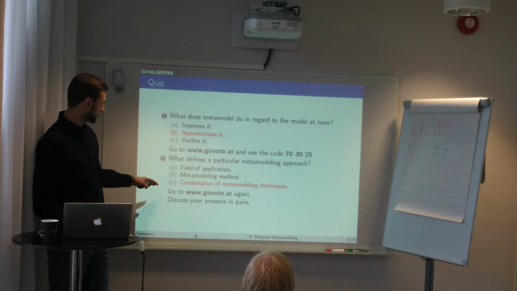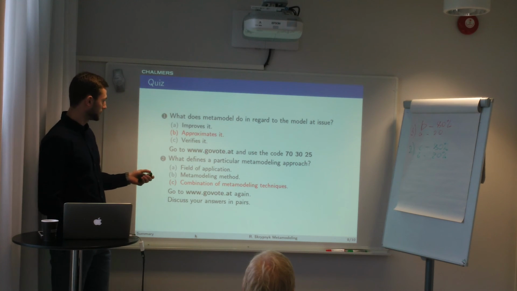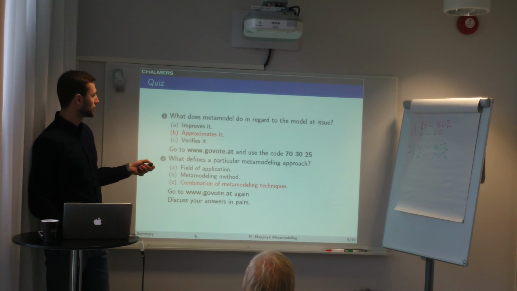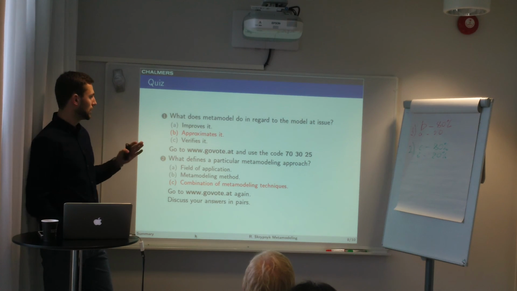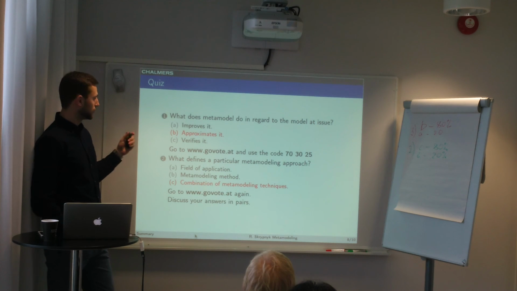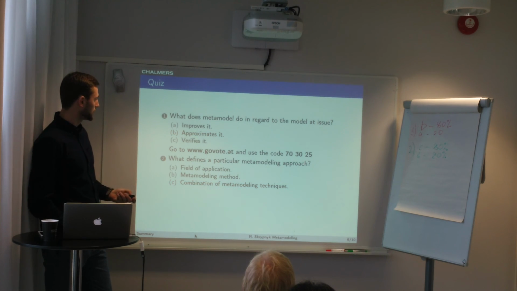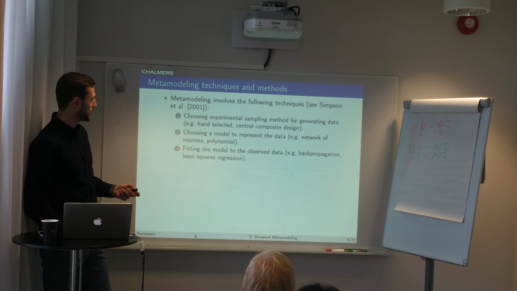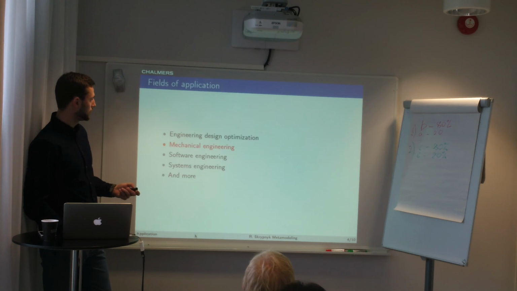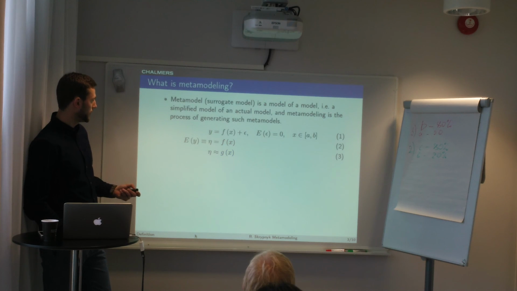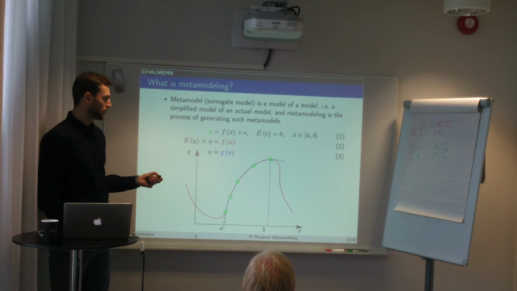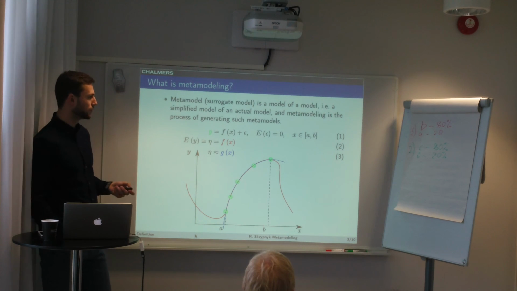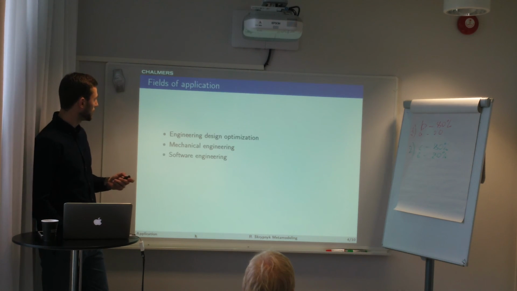So these are the two correct answers that I wanted you to answer. So, what does a metamodel do in regard to the model at issue? That was the first slide. I was talking about the approximation. You had to remember that G, the metamodel, was the approximation that we used, right? And most of you did it well.